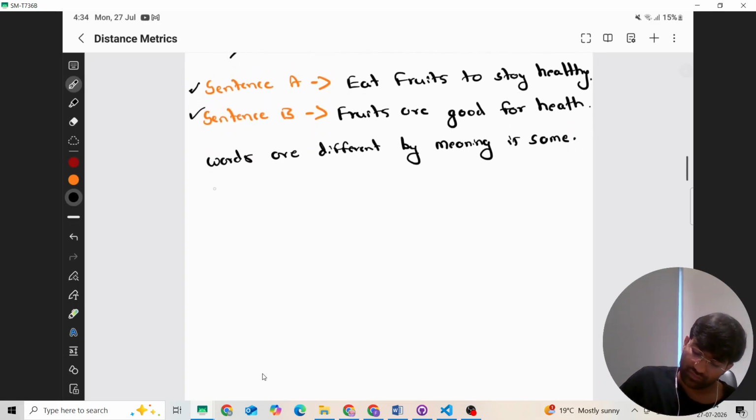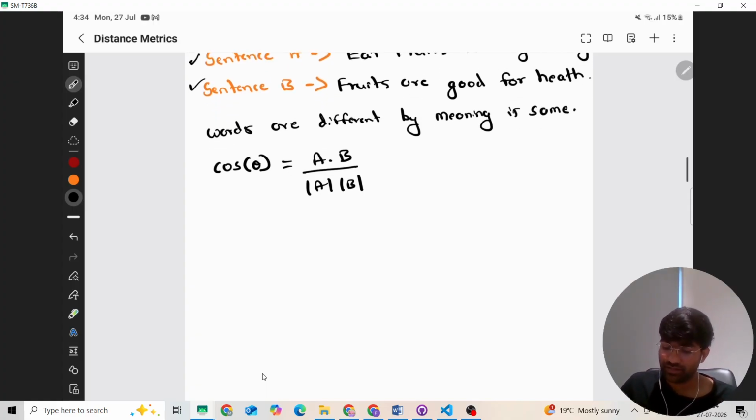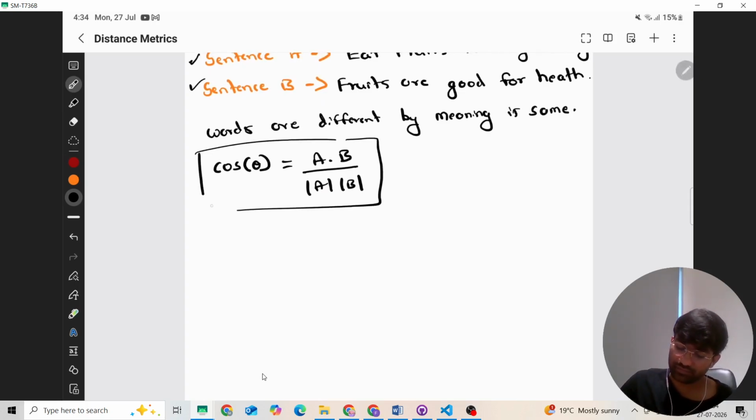The cosine similarity formula is cos theta is equal to a dot b divided by mod a into mod b, the absolute value of a into the absolute value of b. If cos theta is approximately equal to 1, then the sentences or documents are similar.